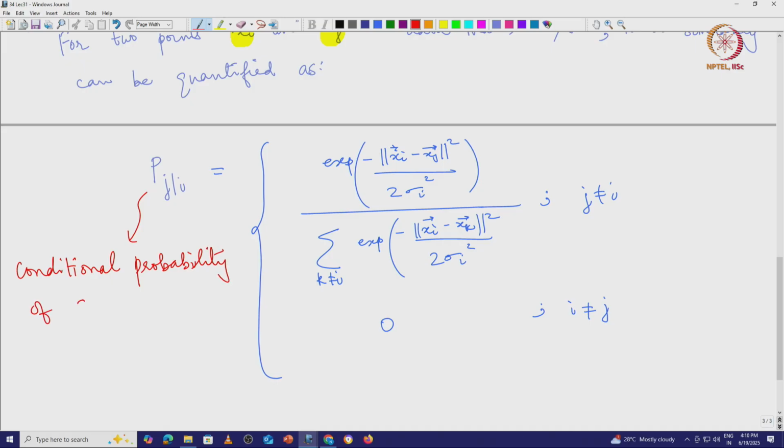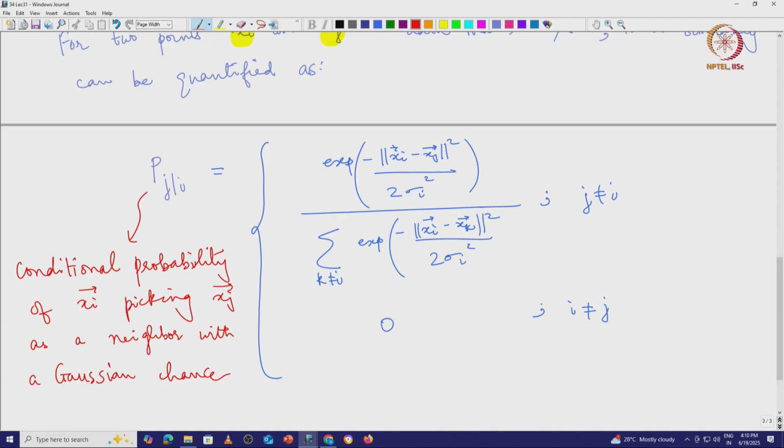So the physical meaning of this is the conditional probability of xi picking xj as a neighbor with a Gaussian chance, okay.